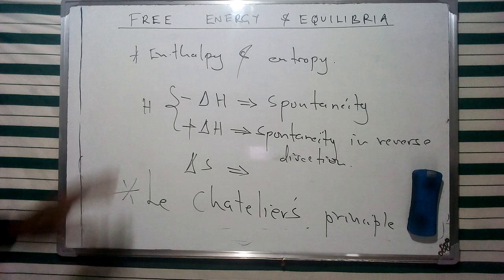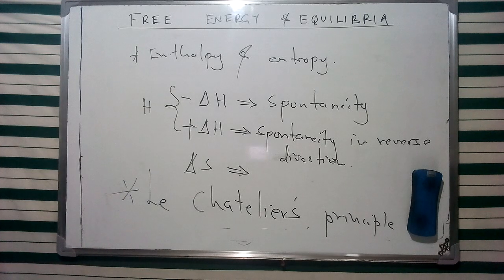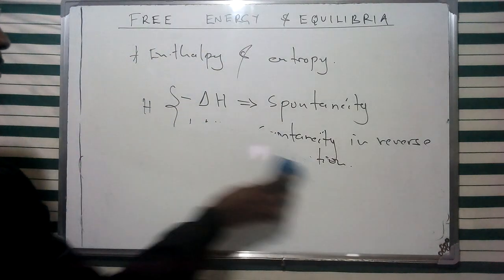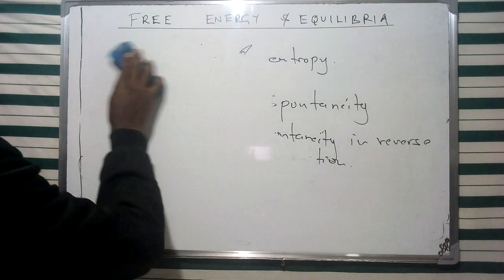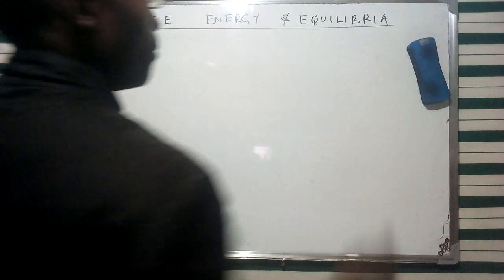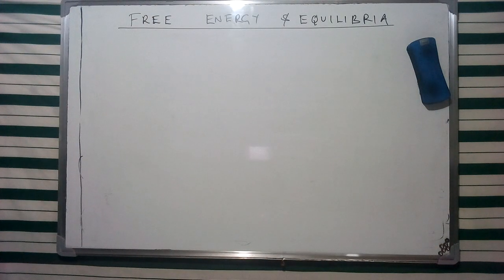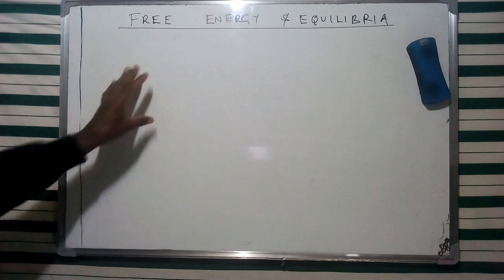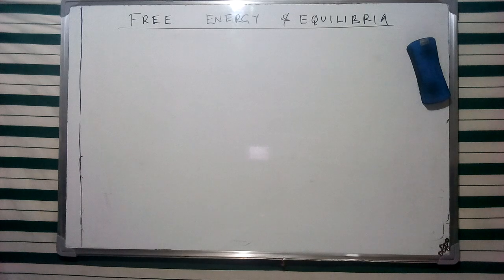And as I've said, these two specific concepts were also used to check the spontaneity of particular reactions. Since some of the chemical reactions are employed in industries and other areas of application, for us to ensure that there are optimal conditions involved in achieving the desired product, it's good for us to monitor the various changes which can be done in order to ensure that there is optimal output from that specific process.